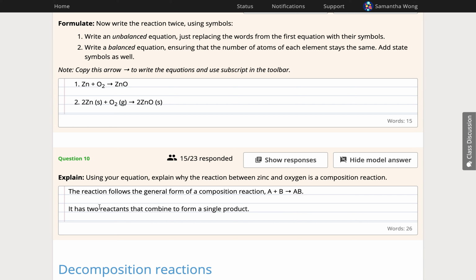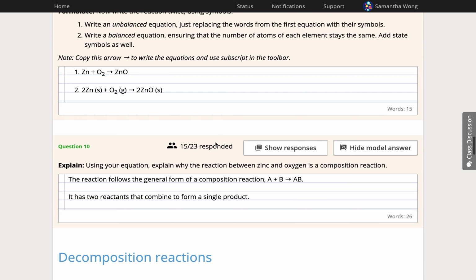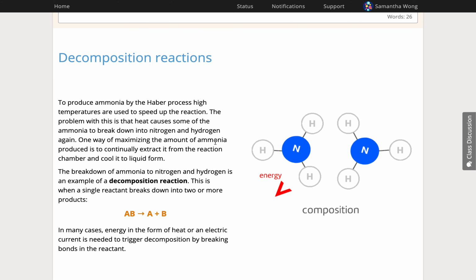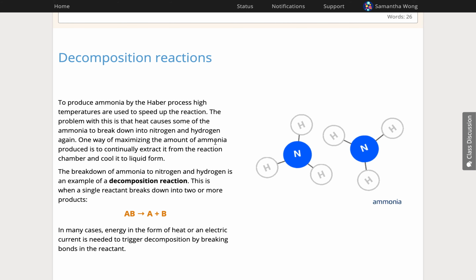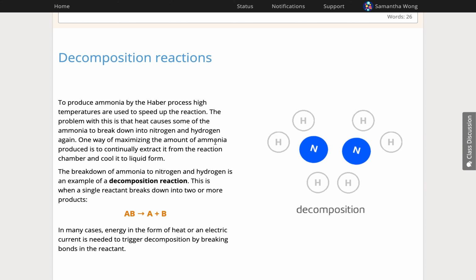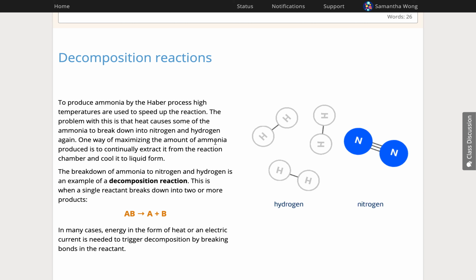It has 2 reactants, so zinc plus oxygen, that combine to form a single product of zinc oxide. Now, that is a general overview of what composition reactions are, so combining reactants together.